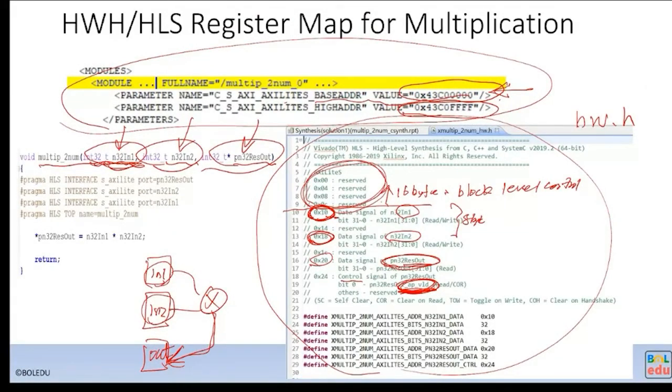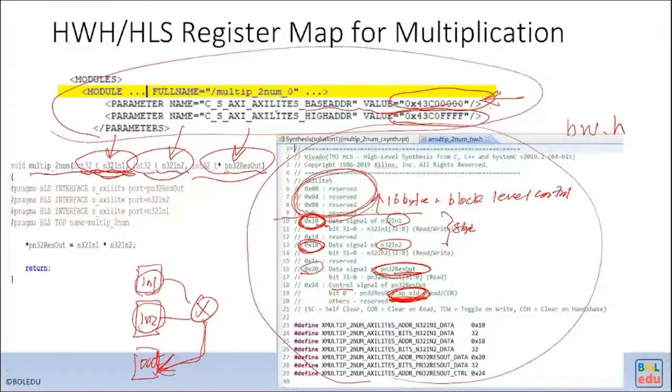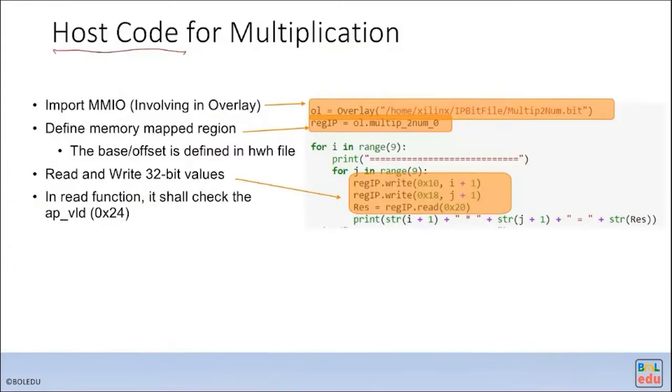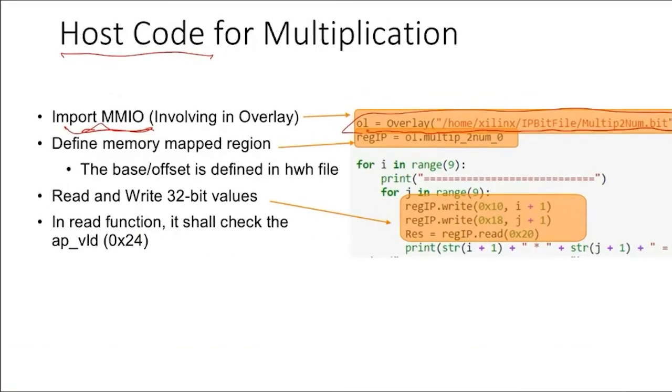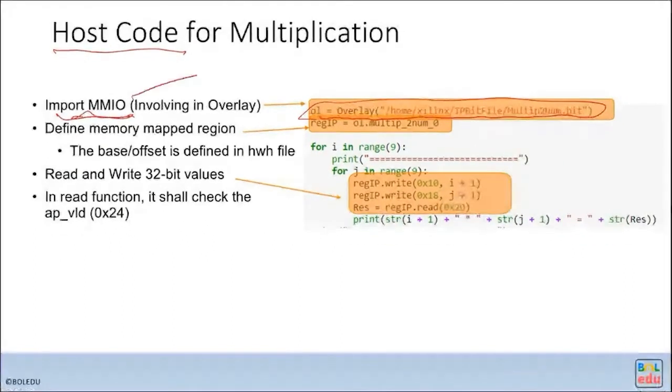Okay, and then let's come to how you access the kernel function from the host. From the host, you first open the overlay, and MMIO, you don't need to explicitly import MMIO because the MMIO is embedded in the overlay.